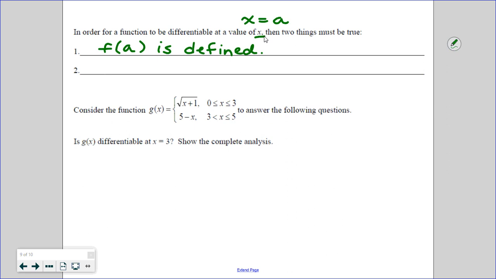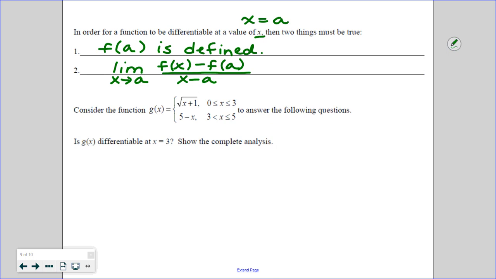If you remember one form of the definition of the derivative, and the easier form to use here, it's the limit as x approaches a of f of x minus f of a all over x minus a. That was one of our definitions of the derivative. Now, this is a two-sided limit. So what has to be true for the two-sided limit to exist?